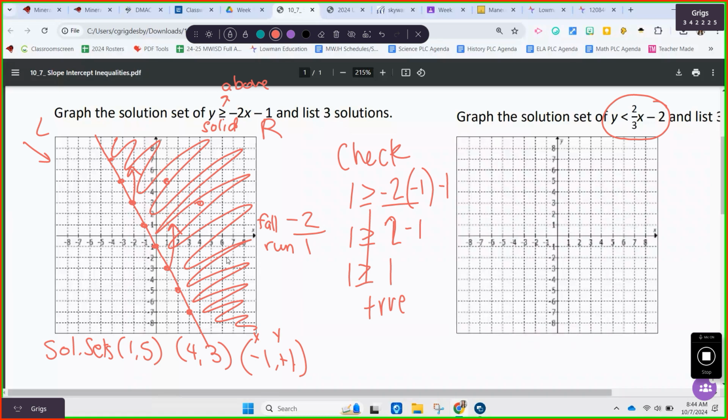Genius. So that's 2. Where's your arrows? Look at the dotted line, right?